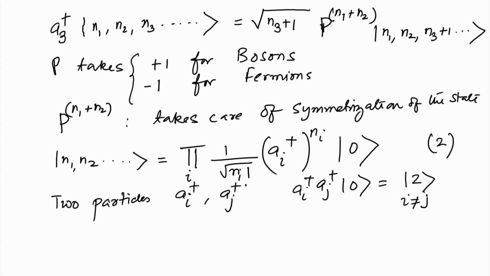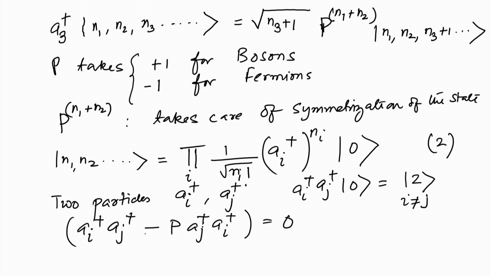So, let us define the commutation relations by A i dagger A j dagger minus p A j dagger A i dagger equal to 0. So, what I have done is that I have written them as i and j, and then in the next term with a minus, I have written with a j and i.